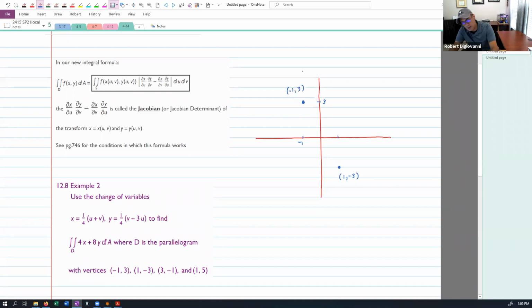The next one is 3, -1, so 1, 2, 3, -1, somewhere around here. And then finally 1, 5, so that puts us up here at 1, 5. Okay, so this is our region of integration.